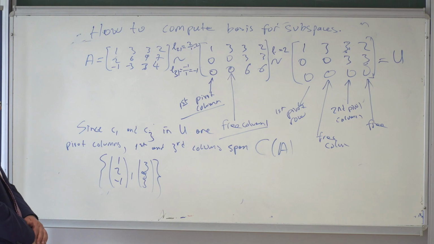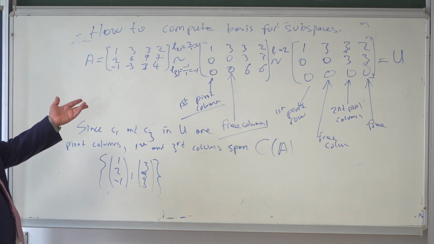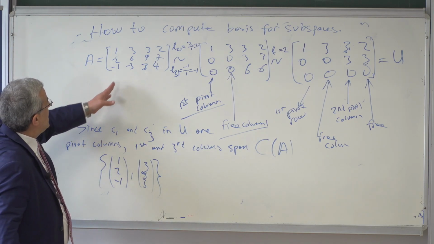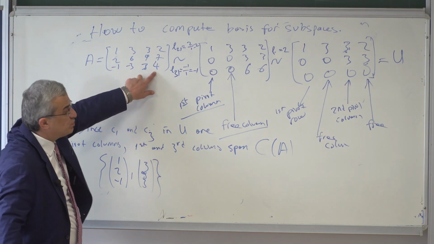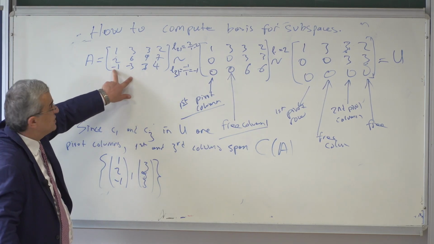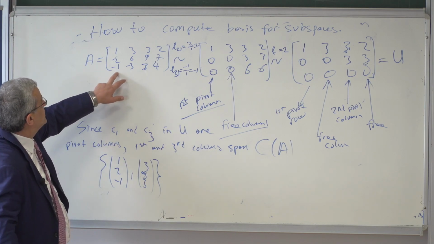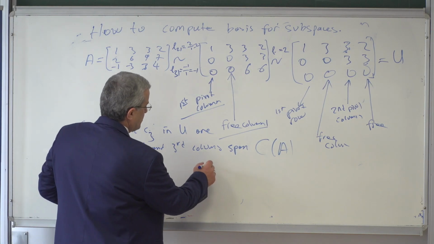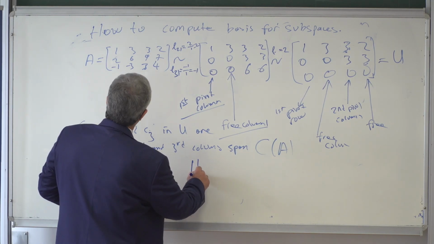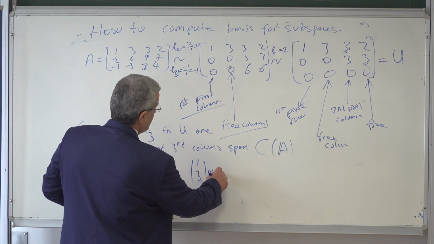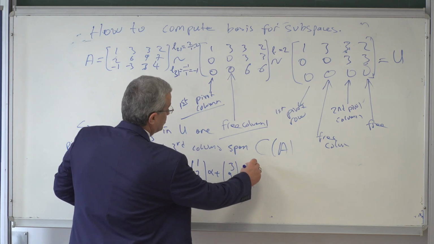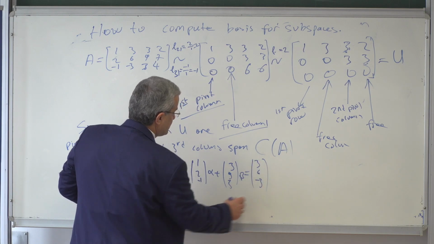Okay. What would that mean? For example, do I believe this? Of course I do, but let's also verify. I should be able to obtain the other 2 columns as linear combinations of these 2, right? So can I obtain this as a linear combination of that? So let me write, can I find 1, 2, minus 1 times alpha plus 3, 9, 3 times beta equal to 3, 6, minus 3?